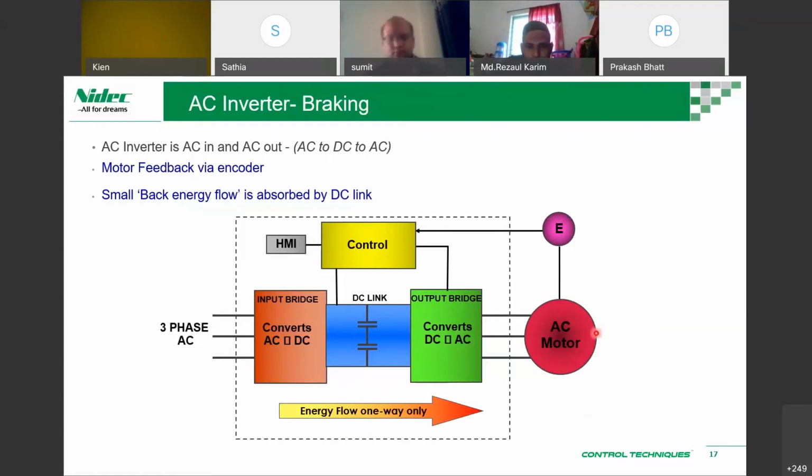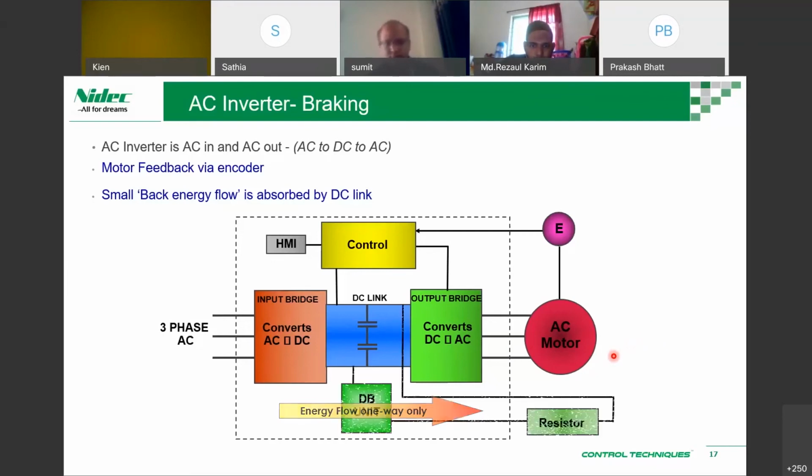Let's say we are moving a mechanical load of 50 kilowatt, and then we stop very quickly. So 50 kilowatt of energy is going to go somewhere. If the load stops, it's not coasting. All of that energy will go back because we have an output bridge.